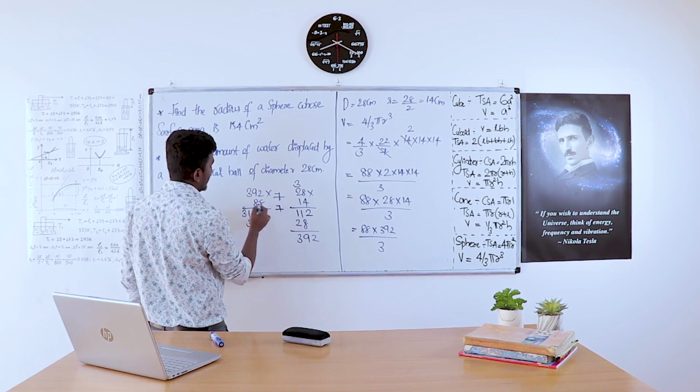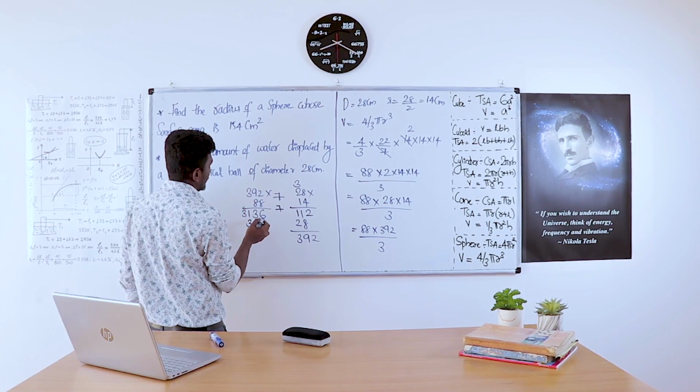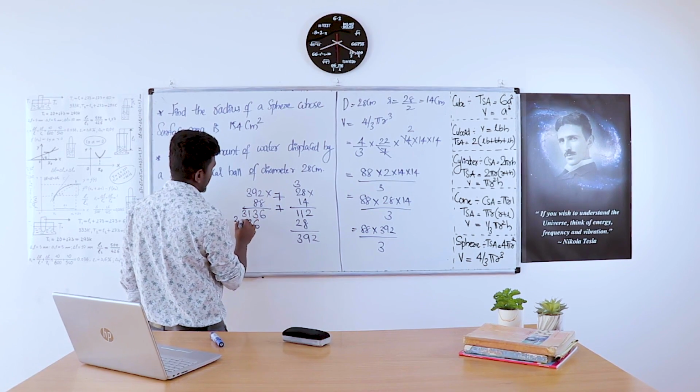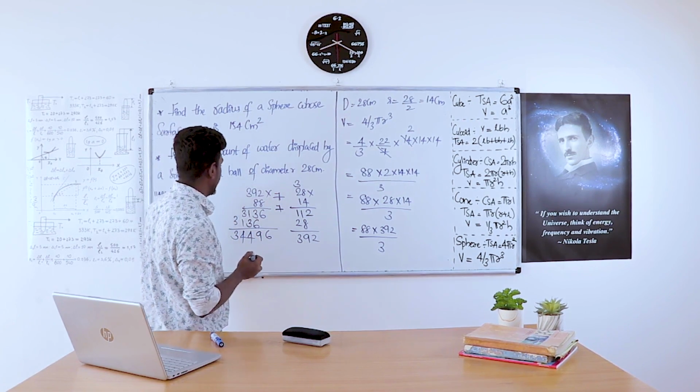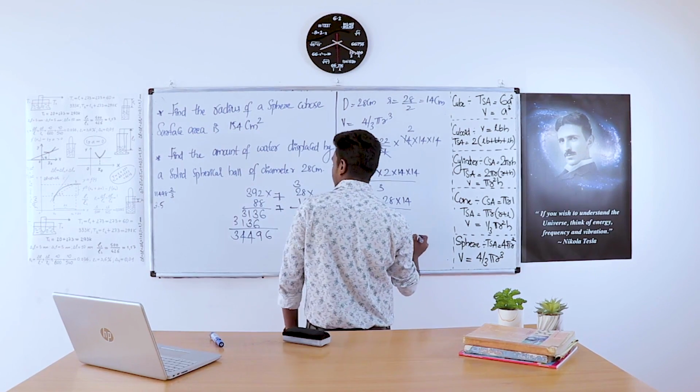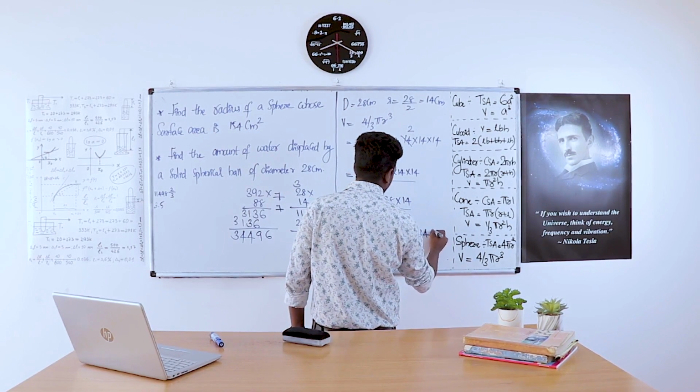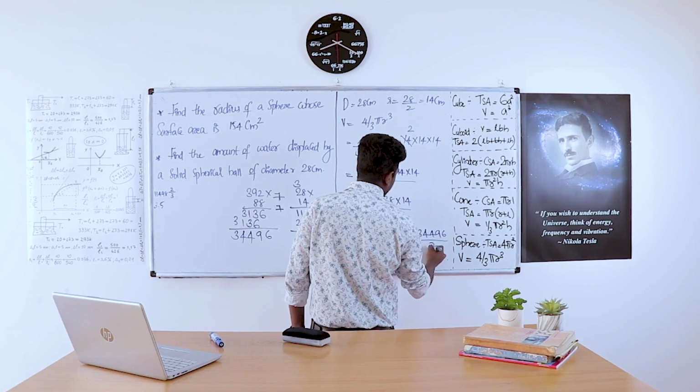Remainder 7. 8 into 3, 24. 24 plus 7, 31. So what is 88 into 392? It is 3, 4, 4, 9, 6 divided by 3.